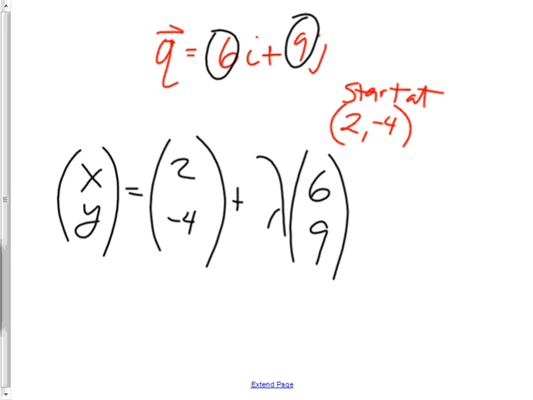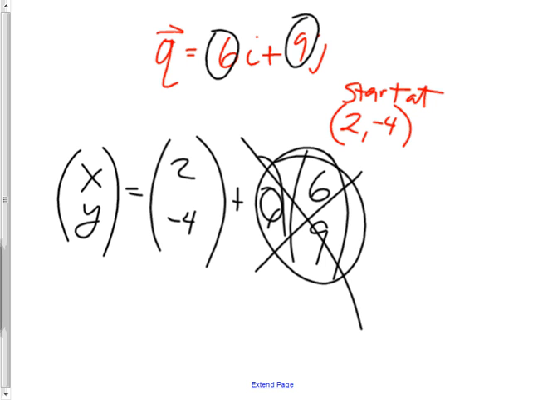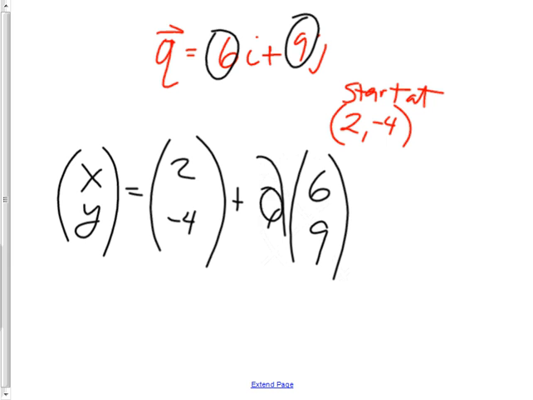Okay, cool. Now, watch how we get the starting and ending point. Well, we already have the starting point right here. But if I wanted to see that in terms of lambda being 0, if I stick in lambda 0, this whole thing cancels, and therefore my starting point is 2, -4. If lambda is 1, if you stick a 1 right here, then my new head end is no longer at 6, 9.